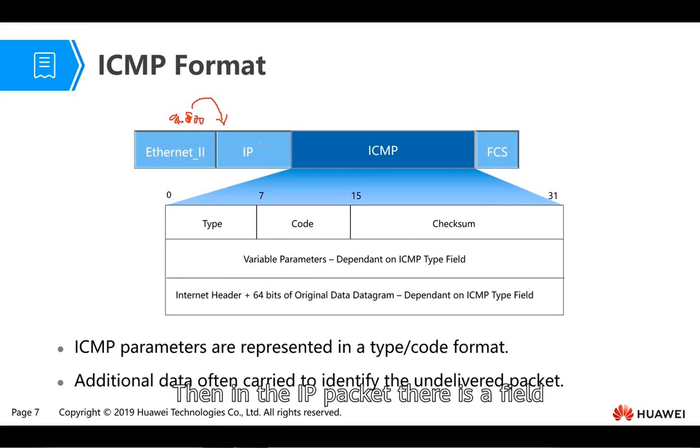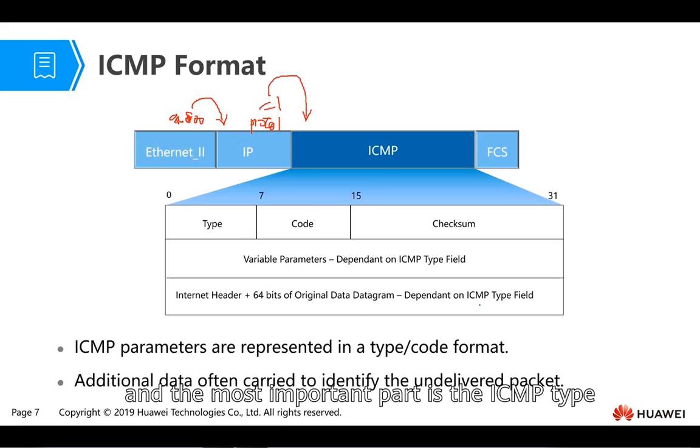Then in the IP packet there's a field we discussed previously, called protocol. If the value is equal to 1, it means it's an ICMP message. And then this is the format of ICMP.